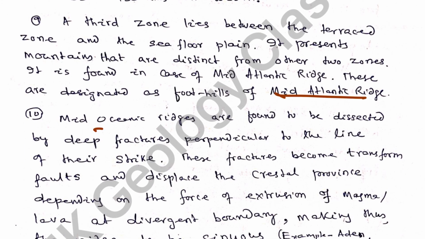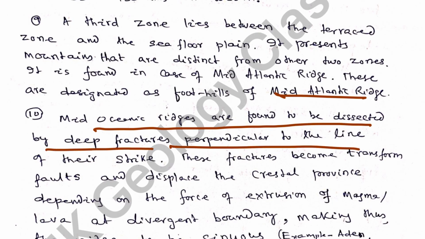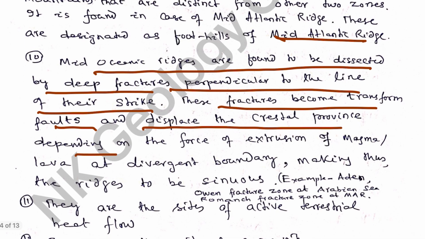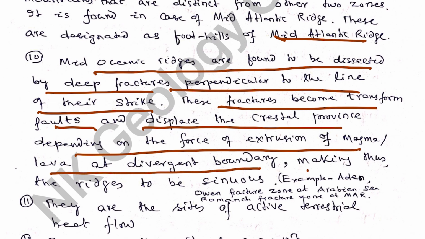Besides this, the mid-ocean ridges are found to be dissected by deep fractures perpendicular to the line of the strike. These fractures become transform faults and displace the crestal province depending on the force of extrusion of magma or lava at the divergent boundary, thus making the ridges sinuous.